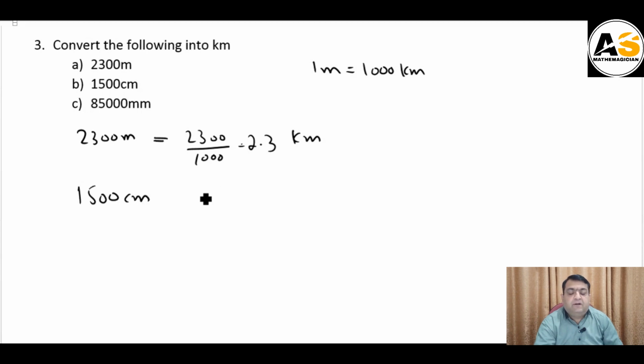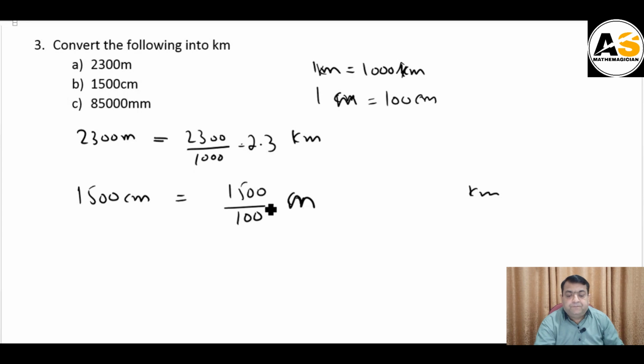1500 centimeter. We have to convert it into kilometer. For that, first of all, I will divide it by 100 and it will be converted into meters, because 1 meter is equal to 100 centimeters. Centimeter is a smaller unit, meter is a larger unit, so I will divide by 100.